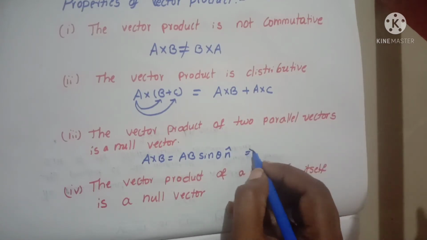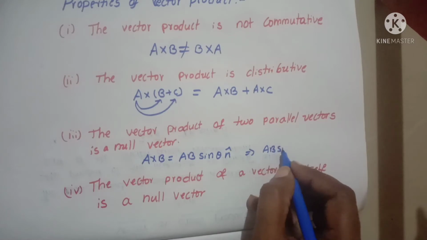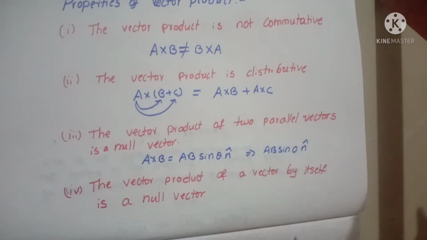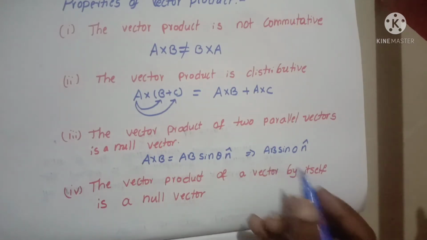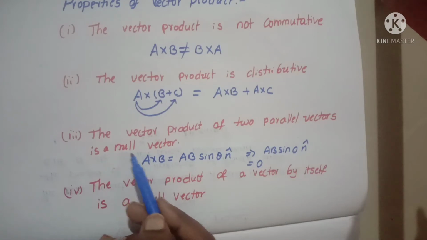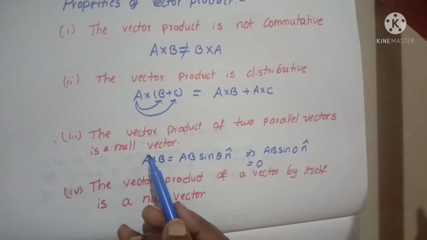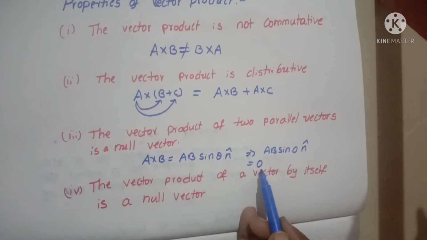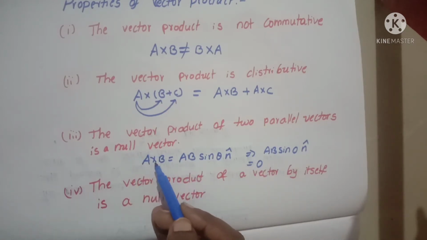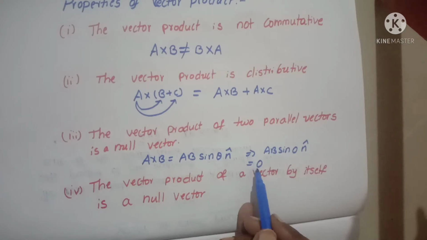So AB sine 0 n cap. Sine 0 value is 0, so this becomes 0. The vector having zero magnitude we call the null vector. So the cross product of a and b, we get the answer 0.